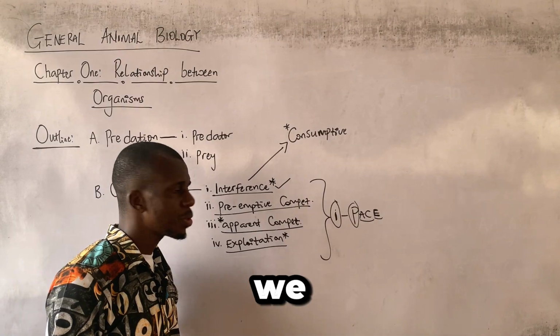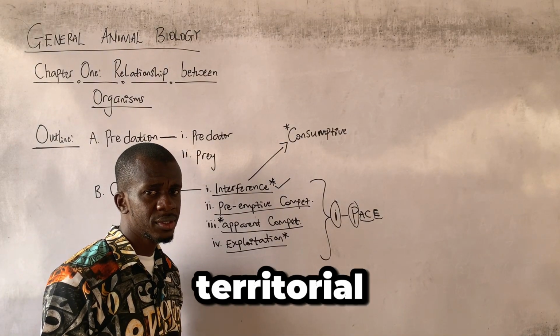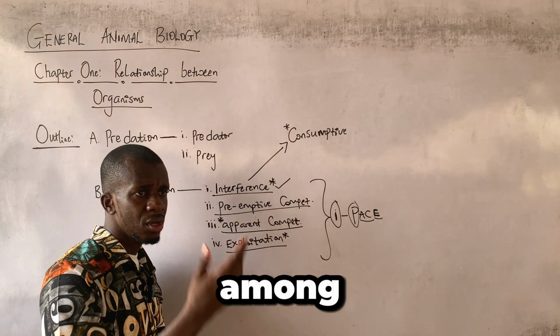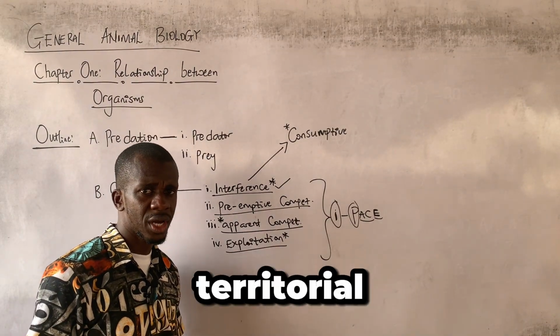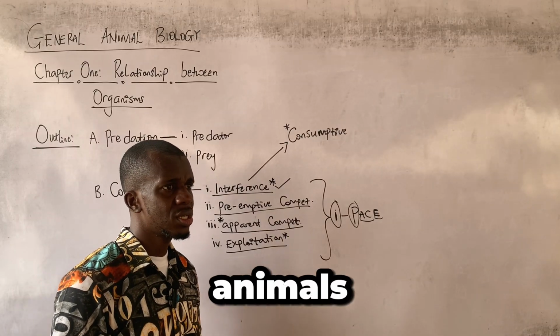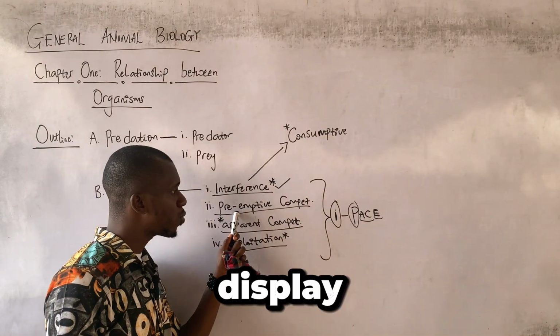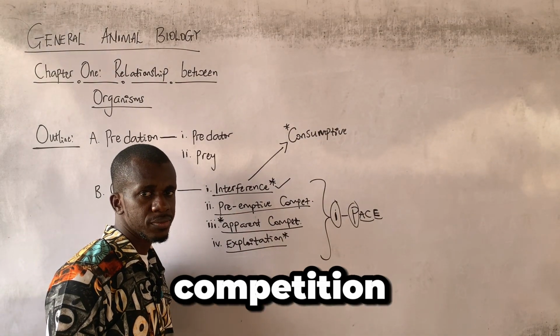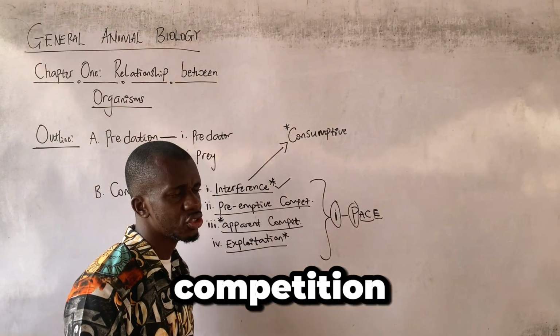We could find this among lions because lions are very territorial. You could also find it among agama lizards. They are equally very territorial. So most animals, especially those that exhibit what we call territoriality, display what we call preemptive competition. The third type we have is called apparent competition.